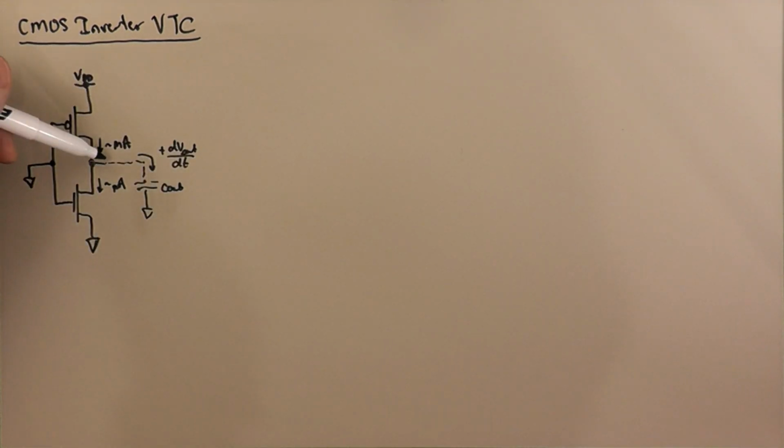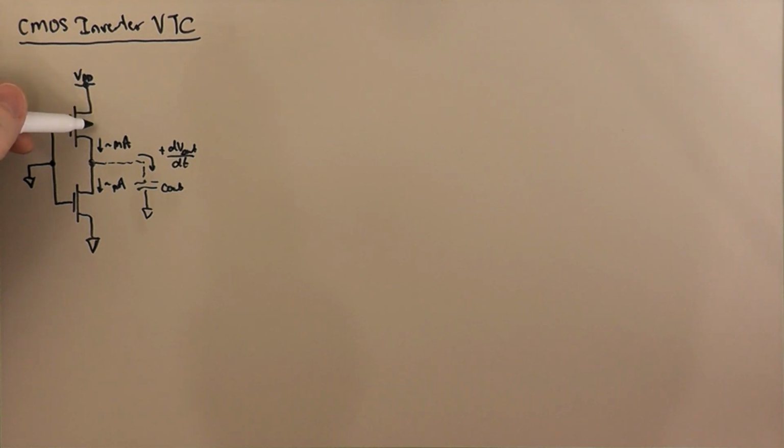And so then we have to ask ourselves, what's going to happen as V out rises? As V out rises, we get more voltage across the NMOS transistor and less voltage across the PMOS transistor. And so that PMOS transistor, if it was starting out in the saturation region, eventually will get into its ohmic region.